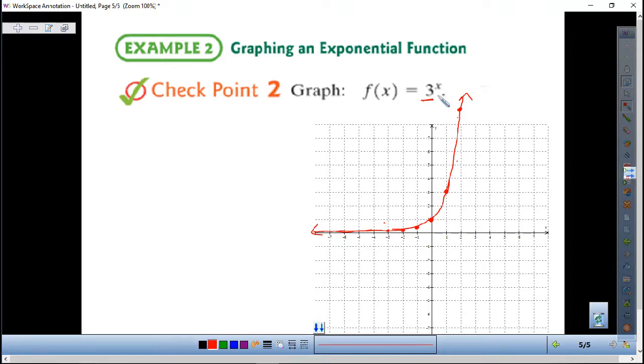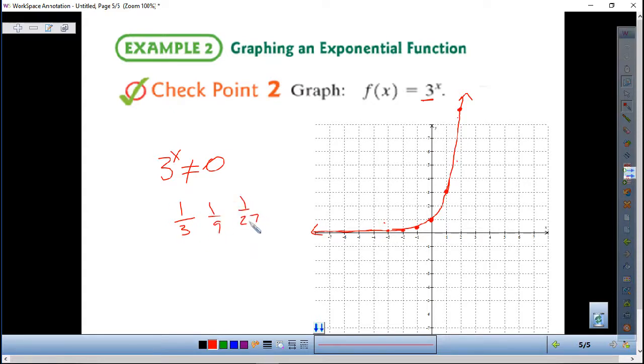And the thing is, you're never going to equal, remember, there's no way, we have 3 to the x, when is that going to equal 0? Well, it's never going to equal 0. And it's never going to be negative. So it's going to get closer and closer and closer to 0 when we get over on the negative side, because we've got, like we said, 1/3, 1/9, 1/27.